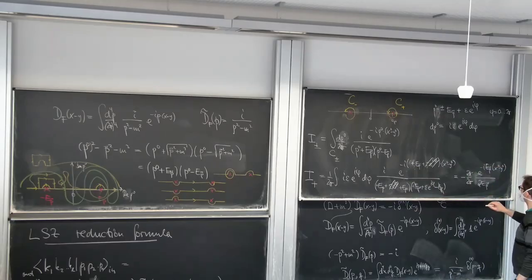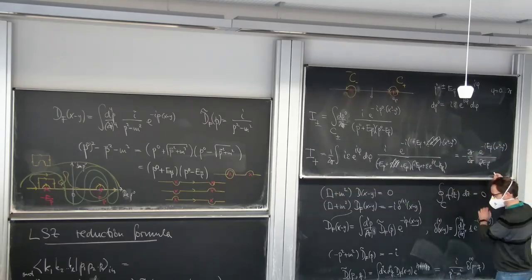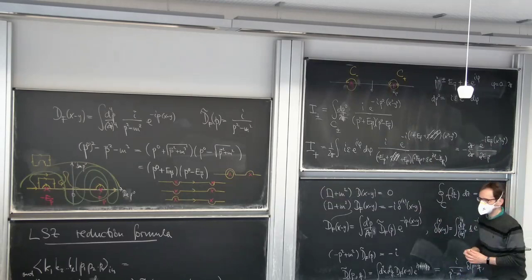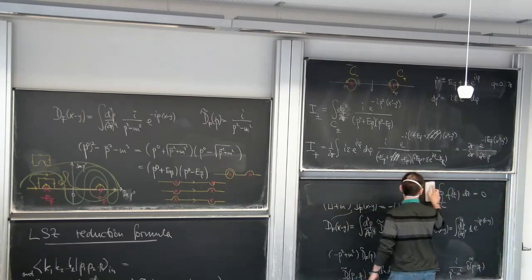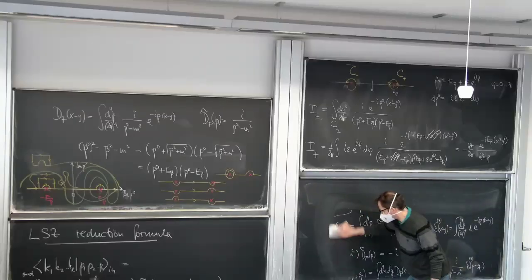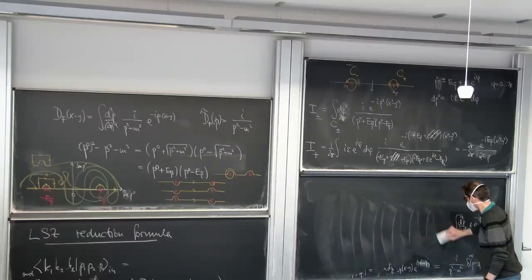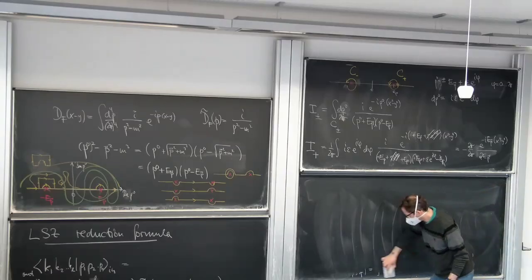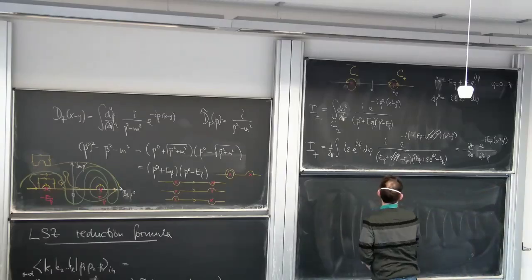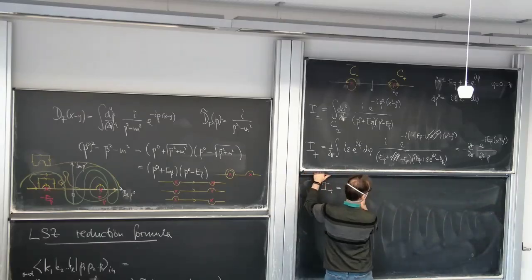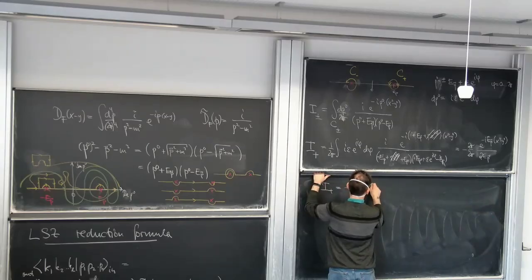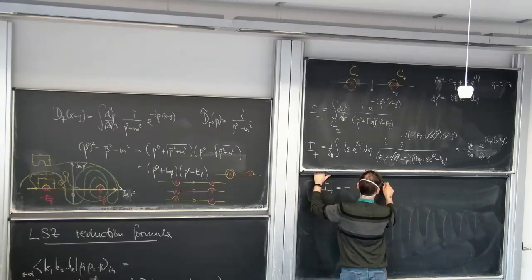This we cancel. So the i plot is minus e to the minus i p vector (x0 minus y0) over 2 Ep.